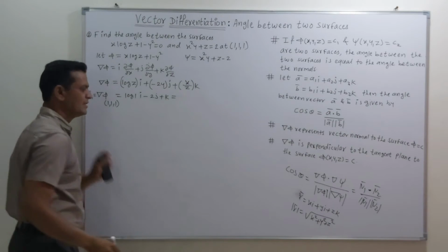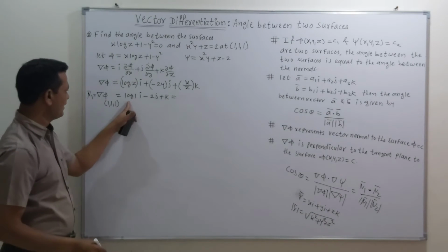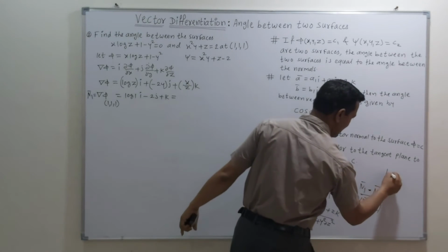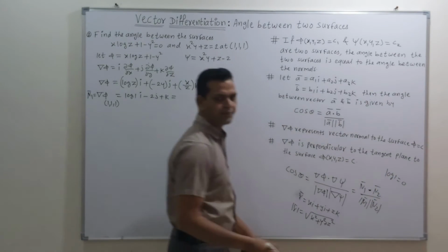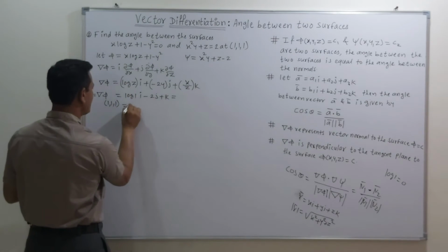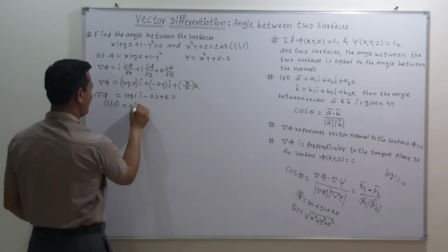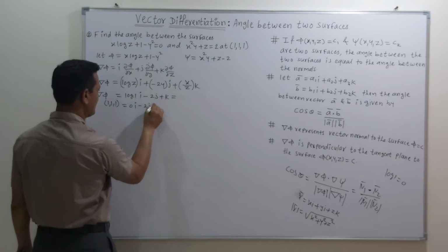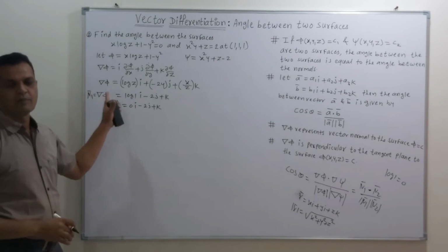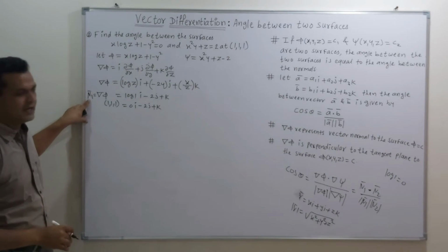We know that the value of log of 1 is 0, so we take this as 0i. We may write this as 0i minus 2j plus k. This is the first normal to the surface, denoted by n1.